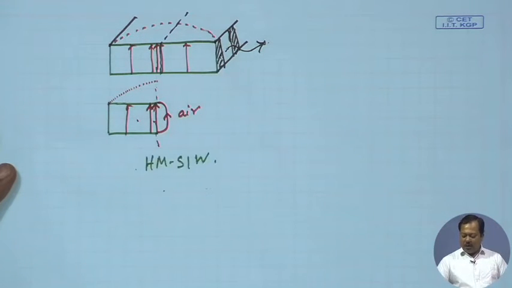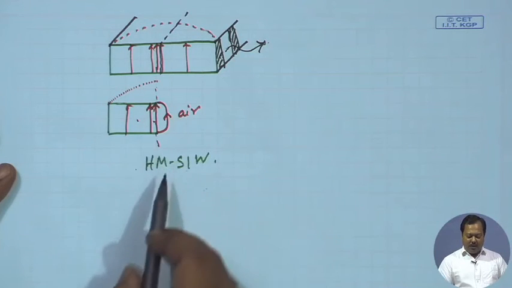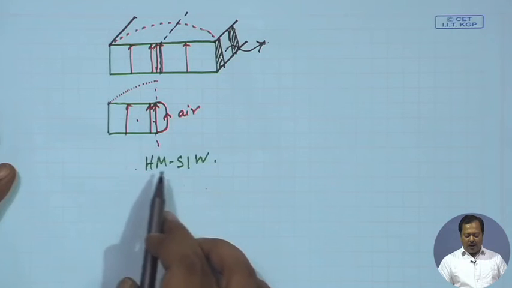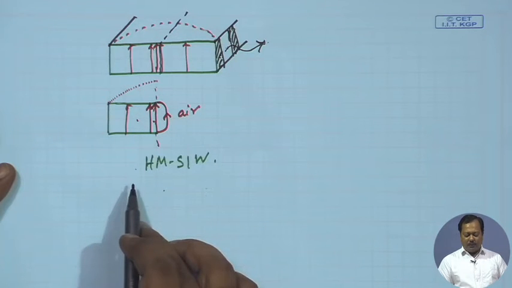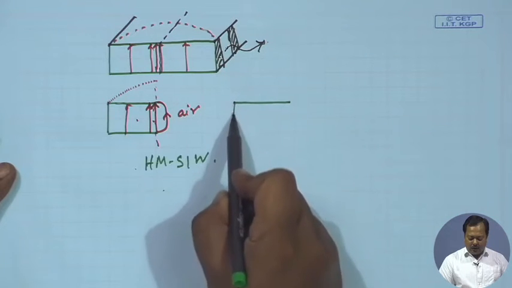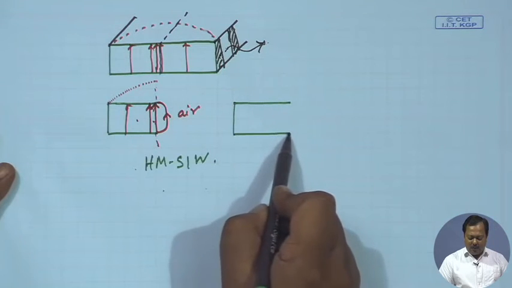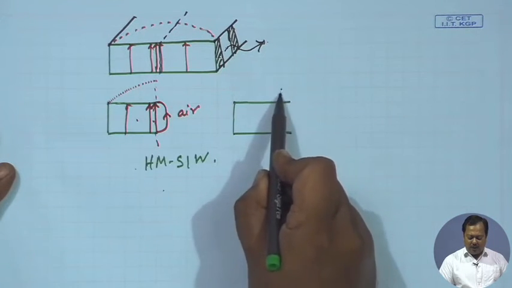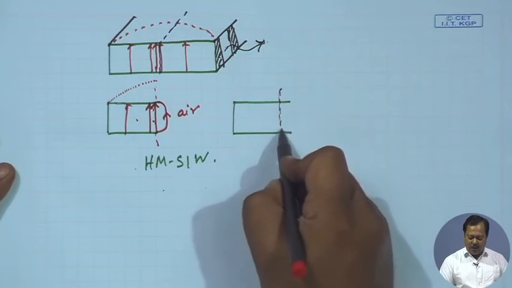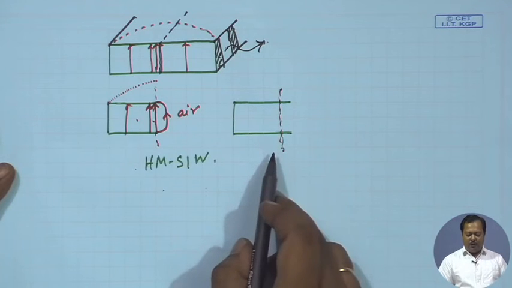Now, let us consider one scenario where we are having a half mode SIW structure, but the width is a little more than lambda g by 4. So, this is the required structure for half mode SIW.